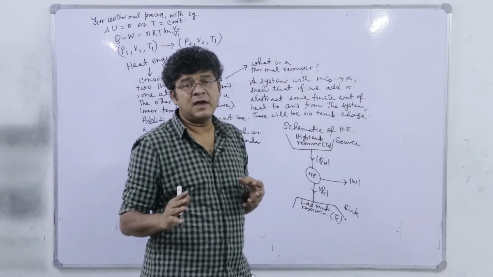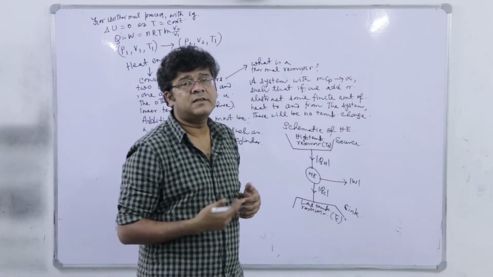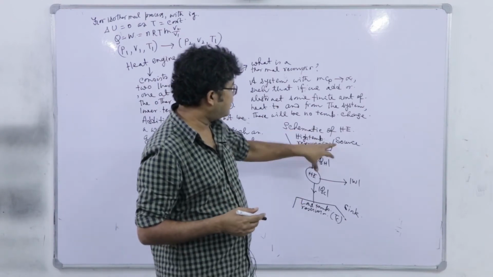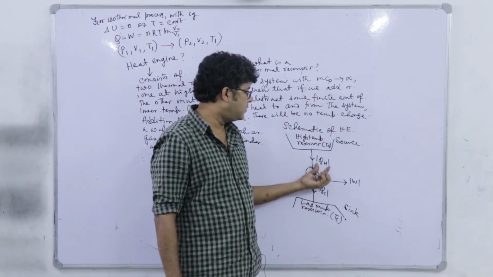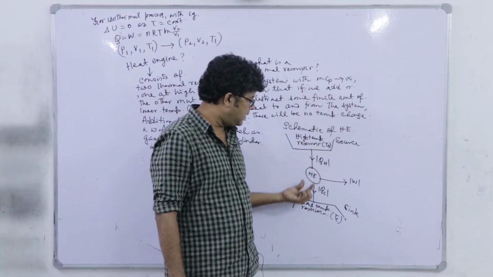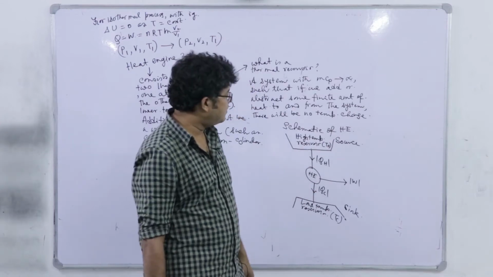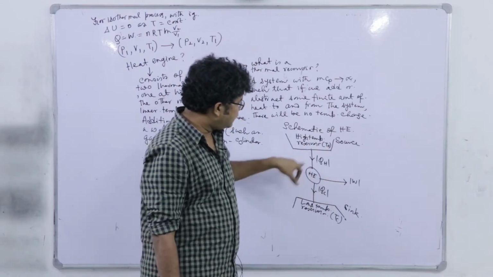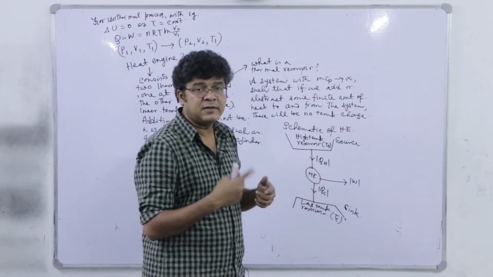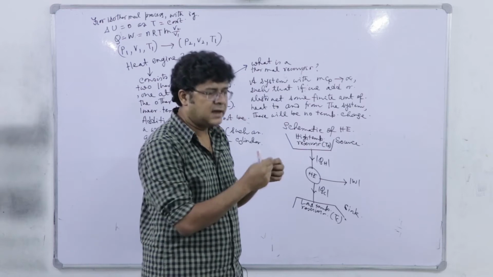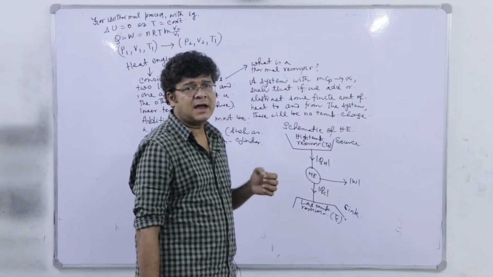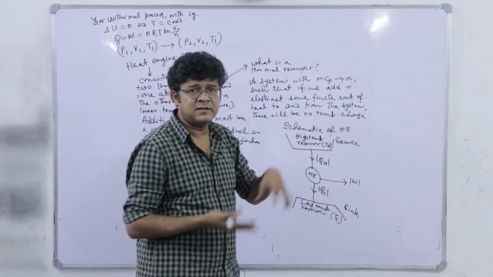So, in a general schematic, it is better to represent it in terms of its absolute value. This amount of heat is given to the working medium, and this working medium is operating in a cyclic process. That means there is a change of state, and we return to the same initial state after some processes are executed.